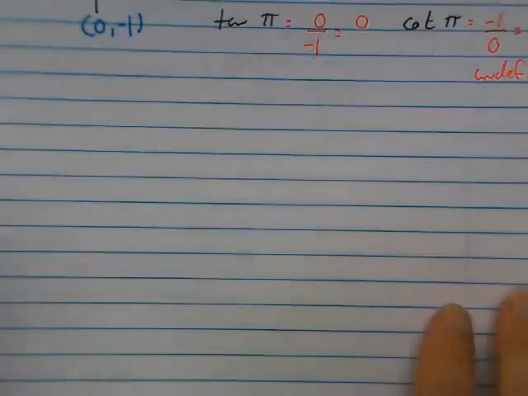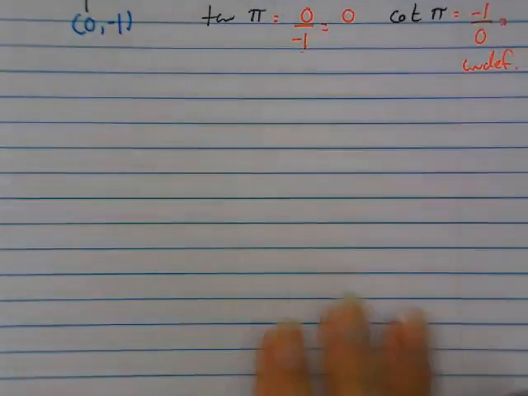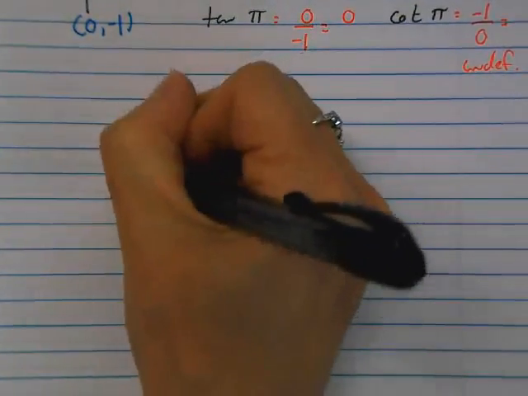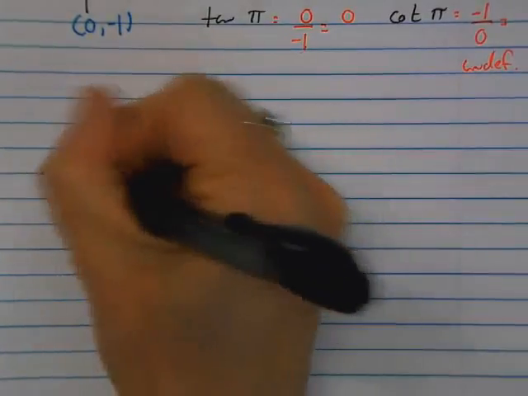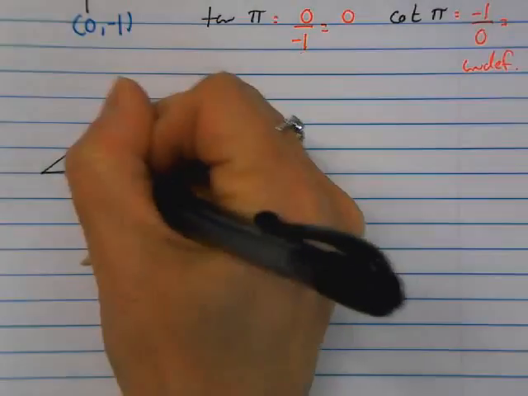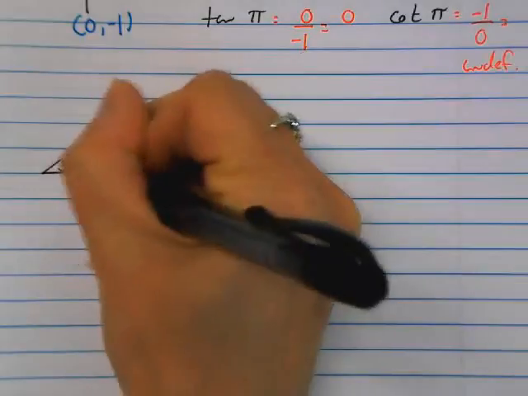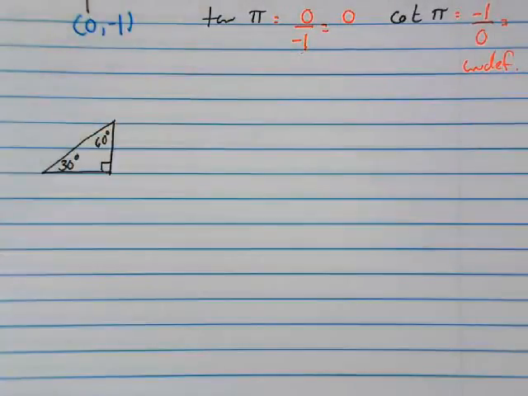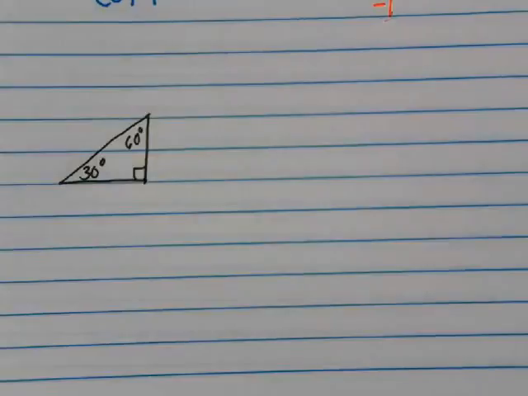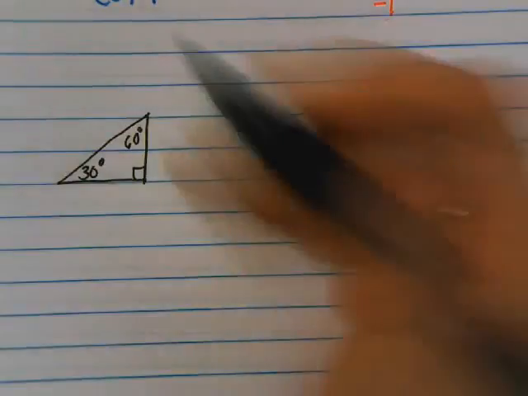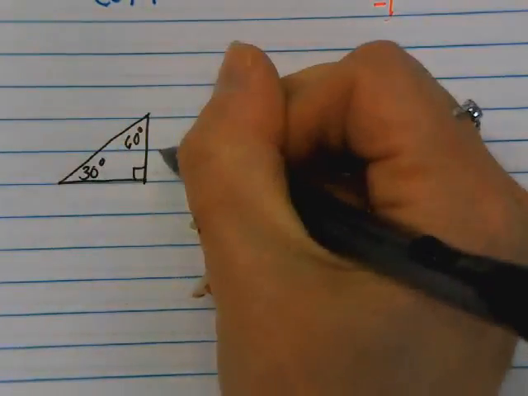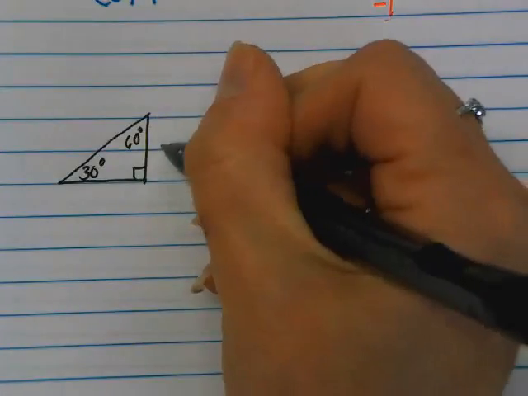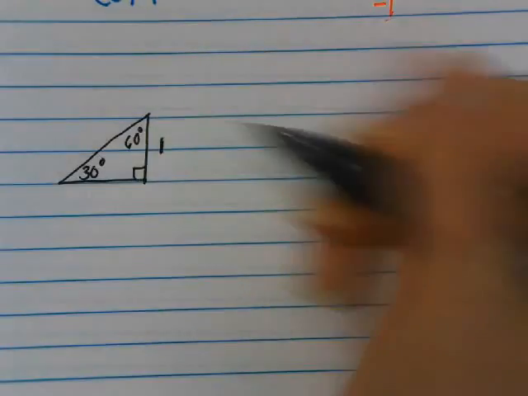So I want to take you all the way back to geometry when you dealt with 30, 60, 90-degree triangles. So these were those special right triangles that teachers talked to you about, and they made you learn a little pattern. So the little pattern was, across from the 30 was, depending on who you had, I'm going to say it's 1. Across from the 90 is 2. Across from the 60 is the square root of 3.